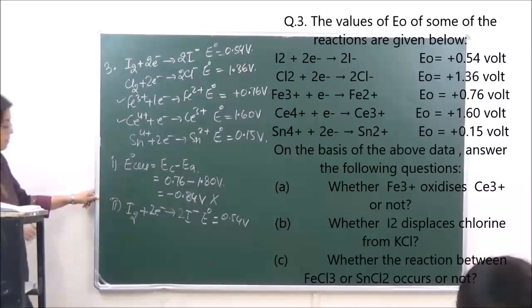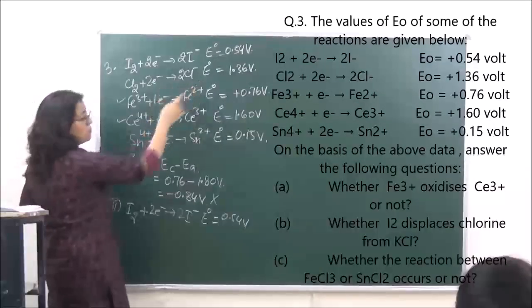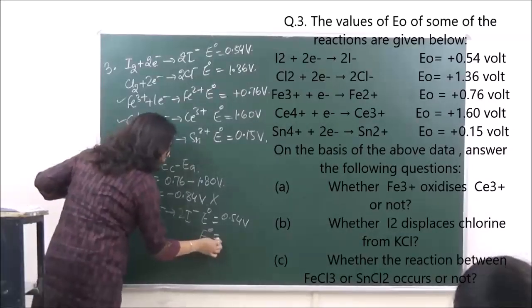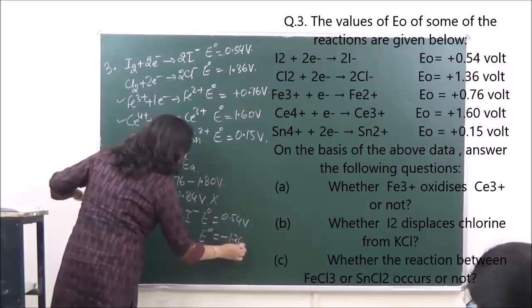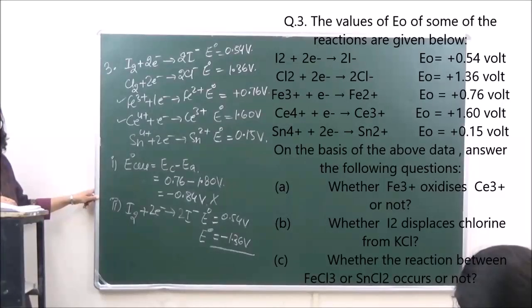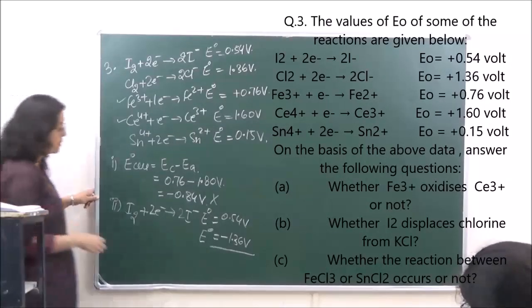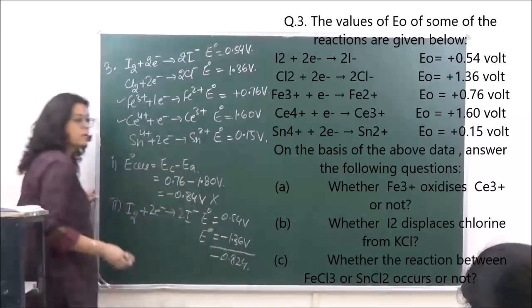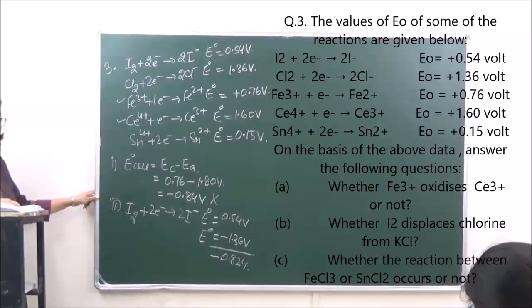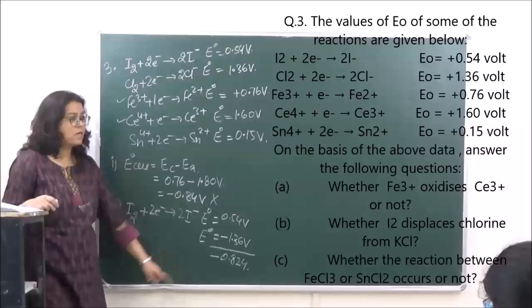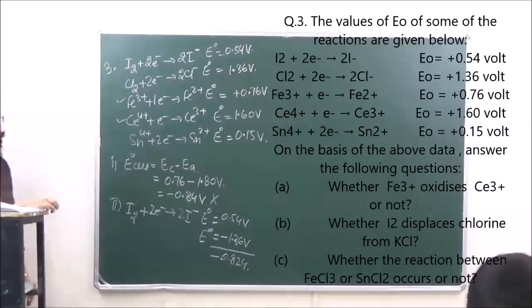So what is the value of chlorine over here? 1.36. So chlorine की जो displacement reaction है उसमें value आ जाएगी minus 1.36. ठीक है? So this comes to minus 0.824. Again, E naught of the cell is coming as negative, so the reaction cannot take place. So answer to this is also no.